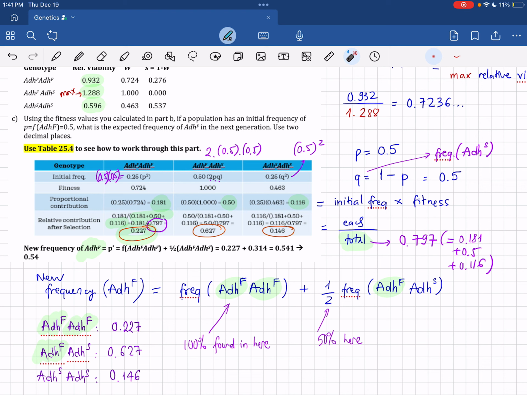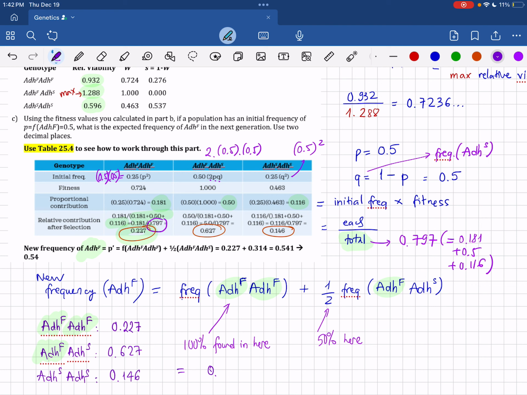For this one, it's 0.627. If we zoom in and look at the alleles, we can see either S or F. It's 50% for us to find the F there. That's why it's 50% of this value.